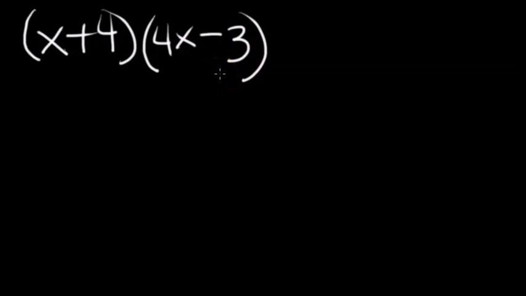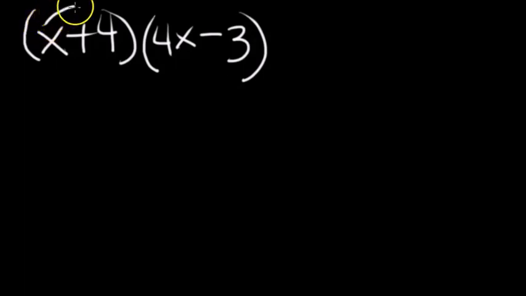So what about multiplying two binomials? What should we do in this case? Well, in this case, we will use something called the FOIL method. The F means first, the O means outer, the I is for inner, and the L is for last.